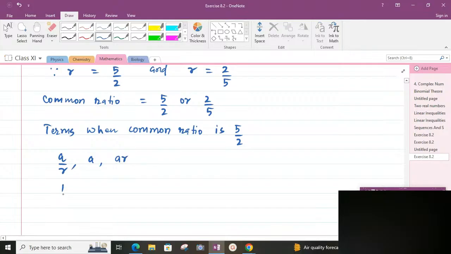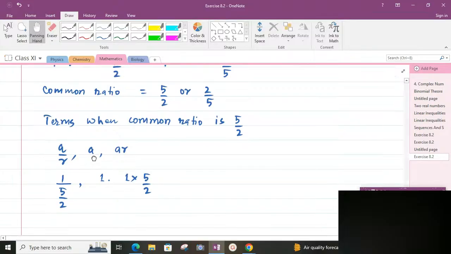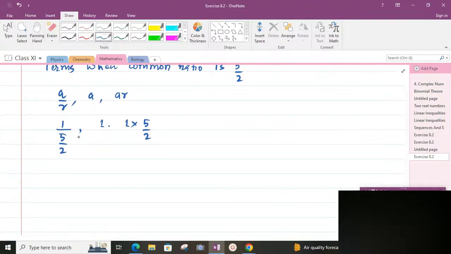So 1 by 5 by 2, 1, and 1 into 5 by 2 equal to 2 by 5, 1 and 5 by 2.